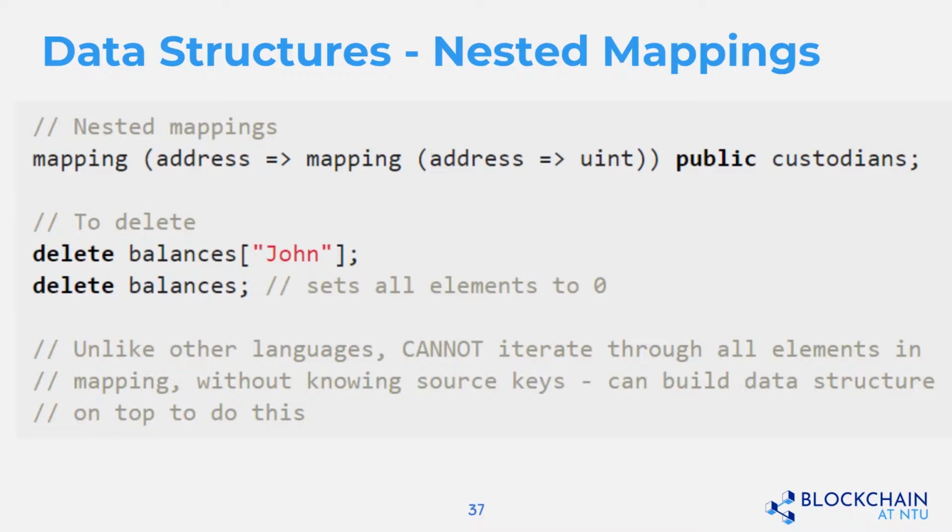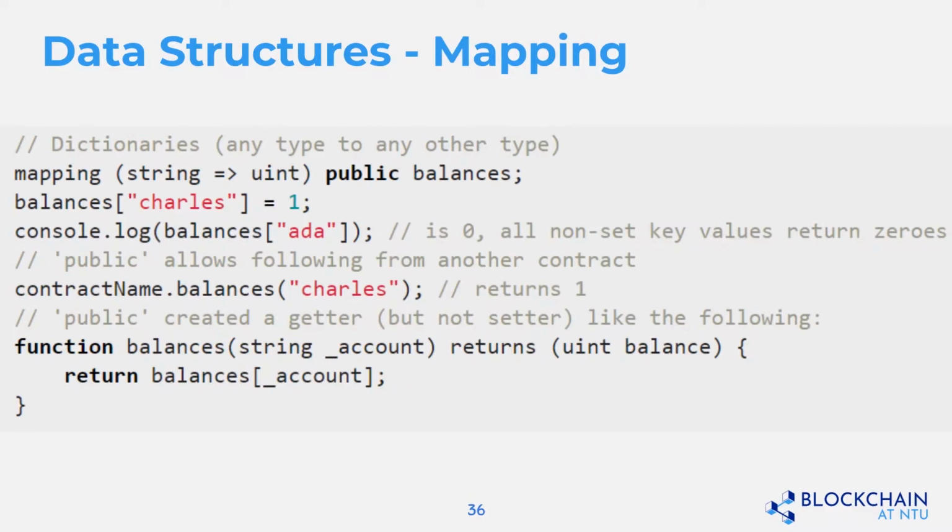This is a bit counterintuitive compared to traditional programming, where the garbage collector will just sweep away all the things that you stored. But in Solidity, whenever you initiate a new mapping, say the balance mapping from string to unsigned integer, if it's an empty map and I query something, it will return me a 0, even if I didn't put anything into this mapping.